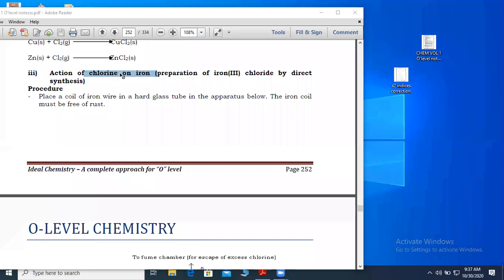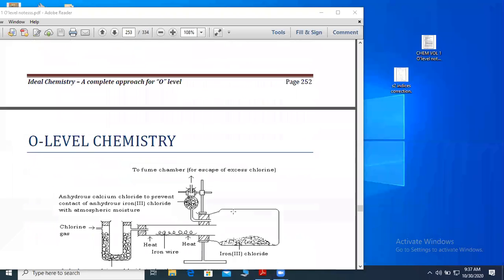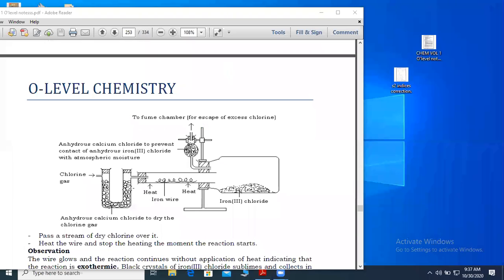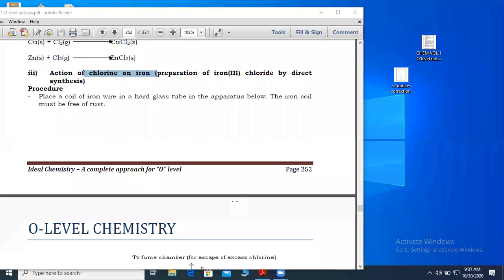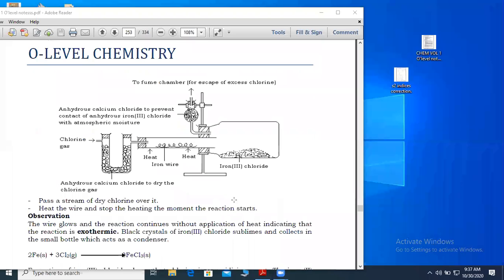When chlorine gas is passed over heated iron wire, the diagram is also there. Iron 3 chloride is a black solid.